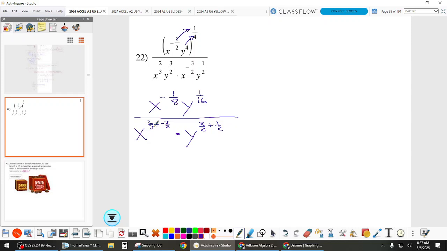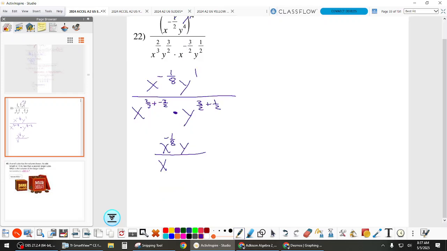On the top, why is it y to the 1/16? Oh, it should be y to the 1/4. What's a good common denominator for 2/3 and 3/2? 6. Okay, so what is 2/3 as 6? 4/6. Okay. 4/6 plus or minus, I guess.